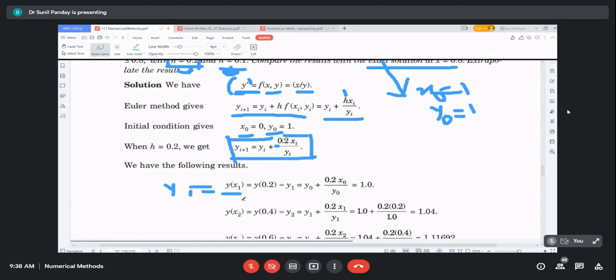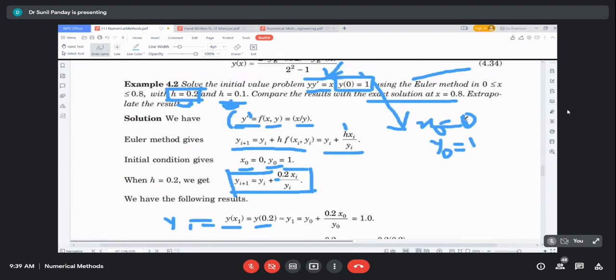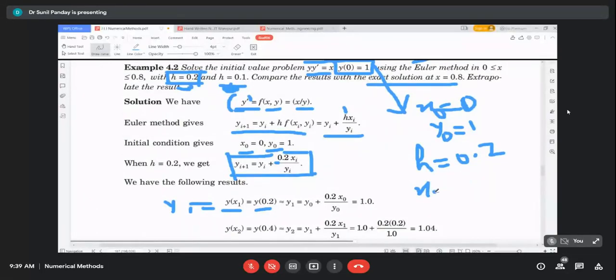y at x1 is equal to y at x naught. We have substituted the value of x1 as 0.2, with h equal to 0.2.